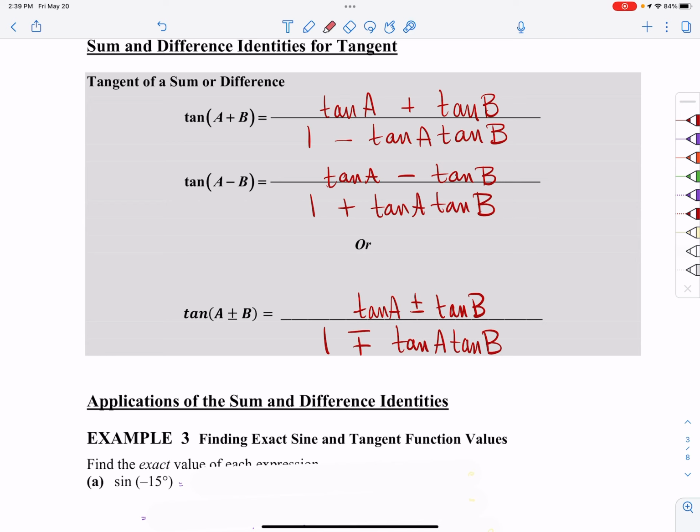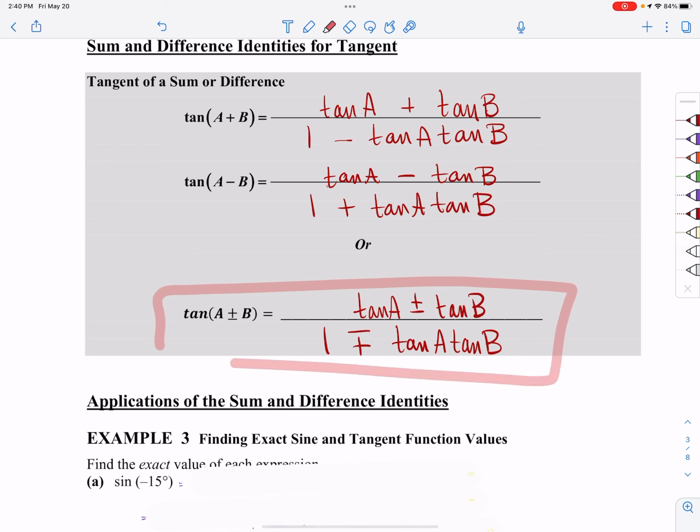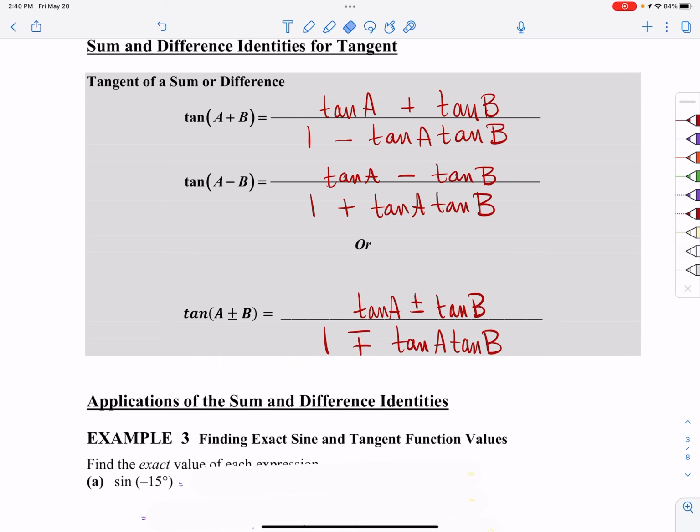Let me point your attention to the one-liner, as I like to call it, that's on your formula sheet. Tangent of angle A plus or minus B is going to be tangent of angle A plus or minus the tangent of angle B all over 1 minus or plus the tangent of angle A times the tangent of angle B.